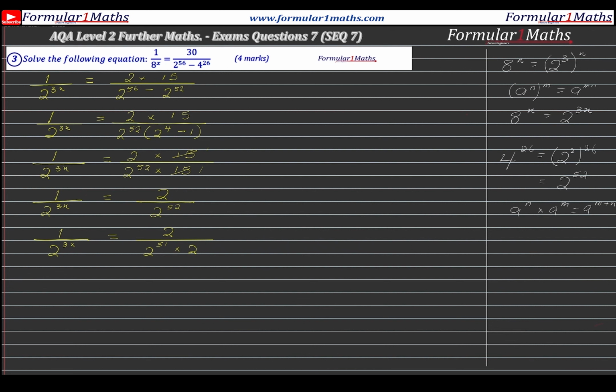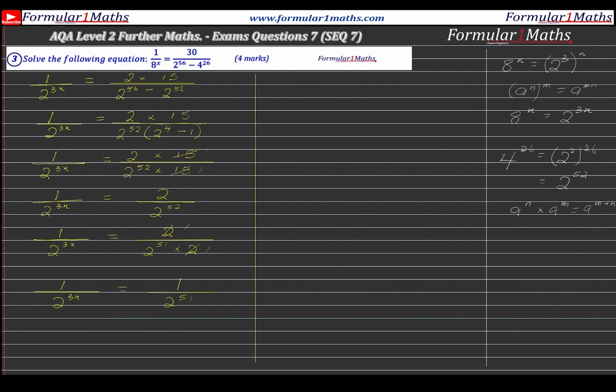I've done that because I can now reduce this fraction as follows. 2 goes to 1 and 2 goes to 1. So now I have 1 over 2 to the power 3x equal to 1 over 2 to the power 51.